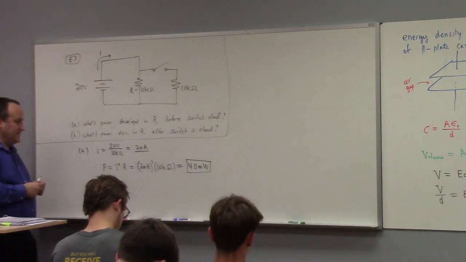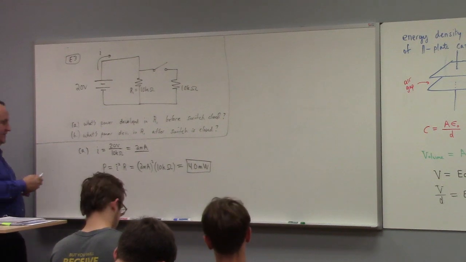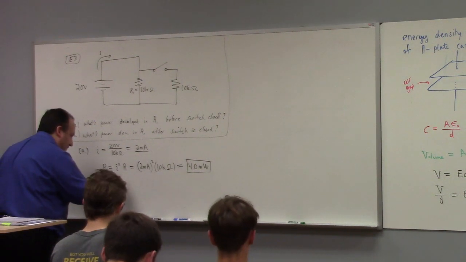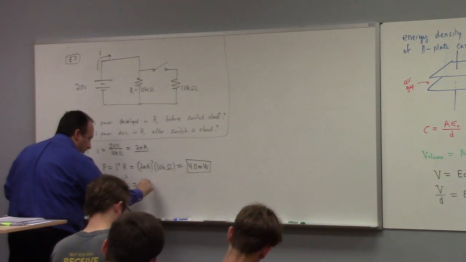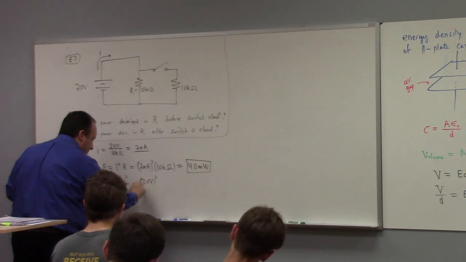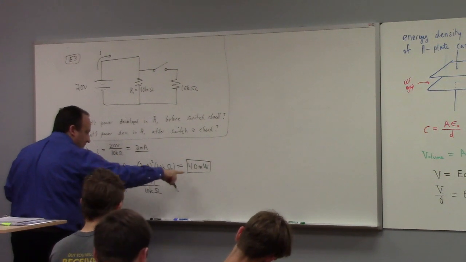Now that's not the only way you could calculate it. Alternatively, you could have just done V squared over R. You could have done 20 volts squared divided by 10K ohms, and you would also have gotten 40 milliwatts.